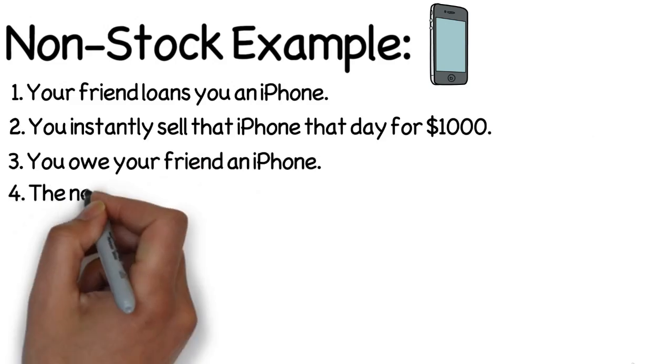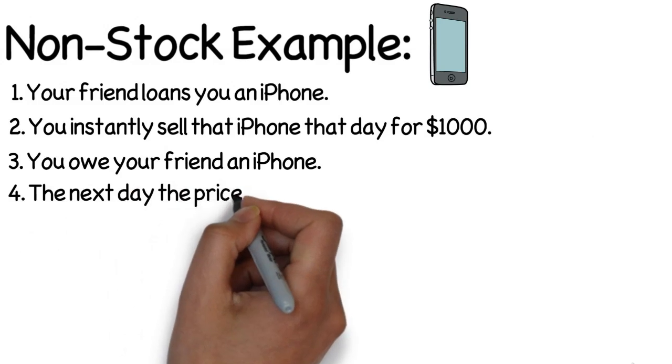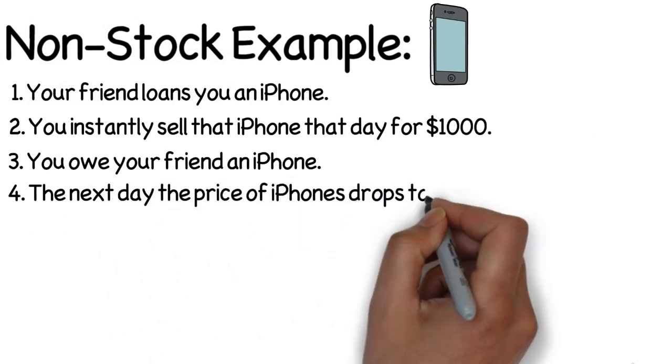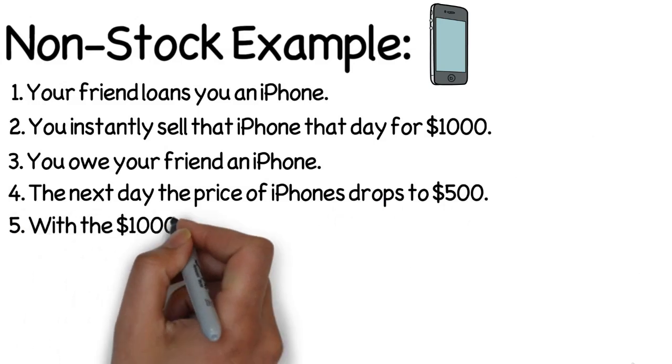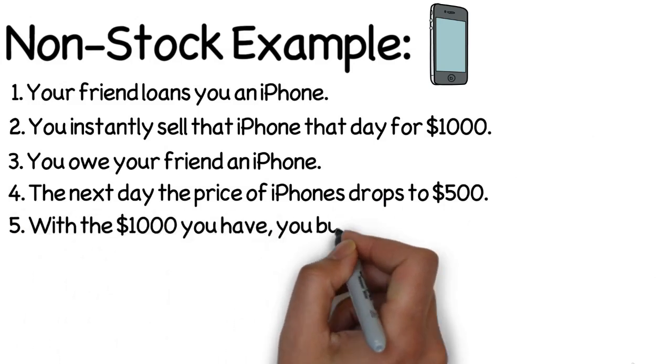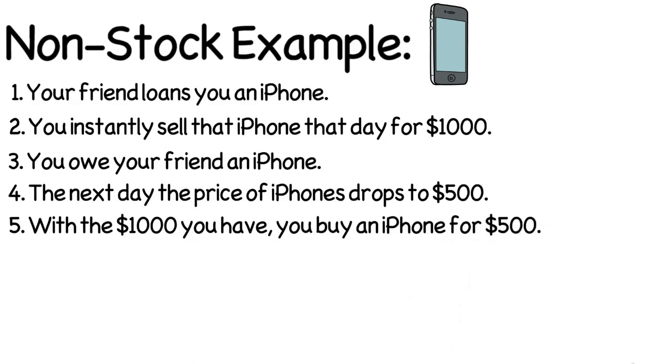So the next day, iPhones go on sale for a clearance. We'll say at Radio Shack for $500. So what you do is you take that $1,000 that you have in your pocket and you go buy an iPhone from Radio Shack for $500. Now you got $500 left over. Because remember, you sold that iPhone that your friend let you borrow for $1,000 the same day that he let you borrow it.